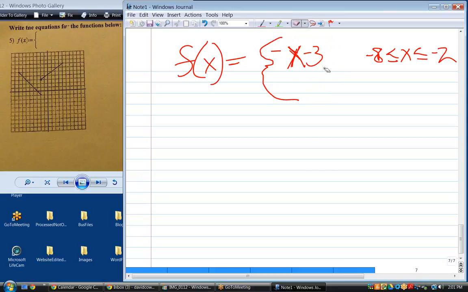And notice that we don't really have to do it that way. If I put in x as minus 2, I get a y of minus 1. Well, that's exactly what I do if I put in an x of minus 2 right there.